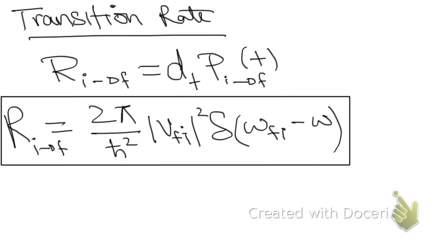Okay, now let's think of an example. Let's say that you have a solid. In a solid, the band structure of the electronic energy levels represents a continuous range of allowed states. So it's not discrete, that's my point. It's continuous.